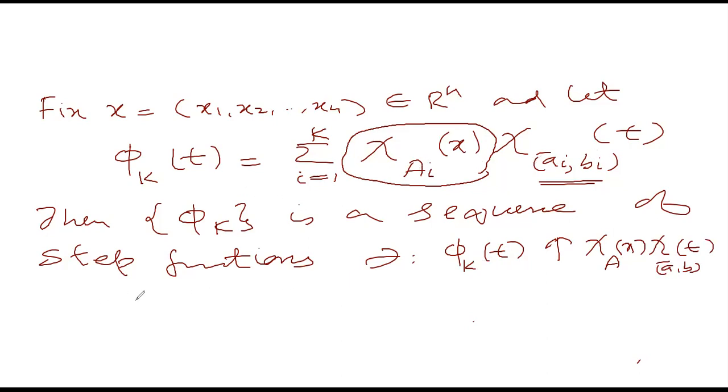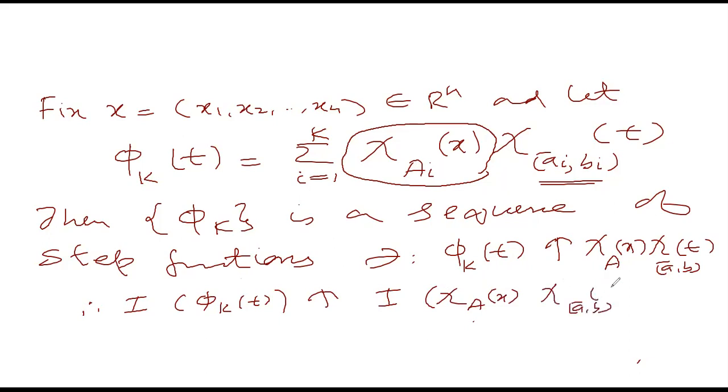Therefore the integral of phi_k(t) increases to the integral of this function chi_A(x) into chi_(a,b](t). But what is this integral actually?